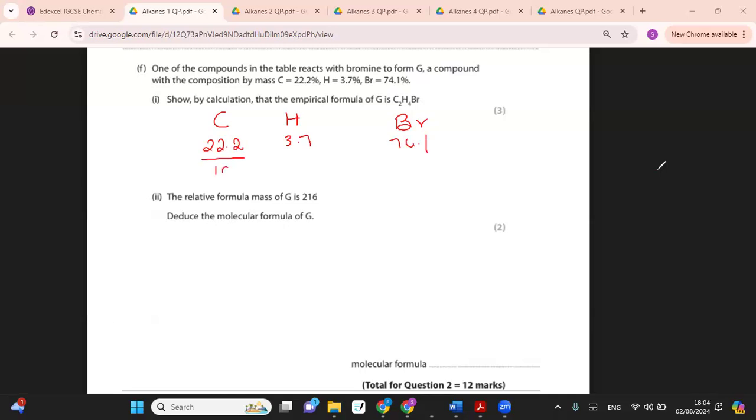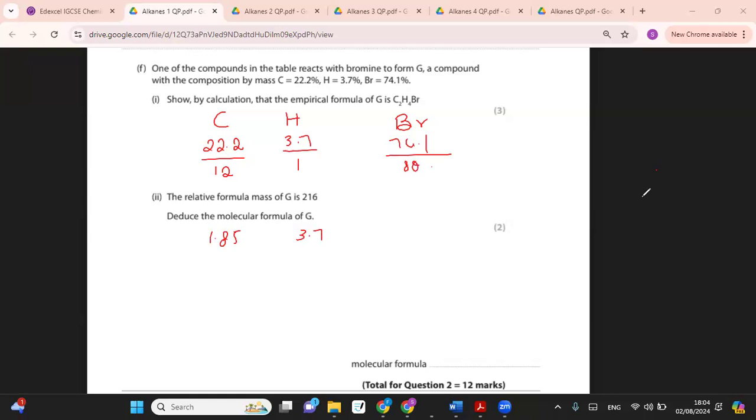So we divide by the atomic masses: carbon is 12, hydrogen is 1, and bromine is 79.9. We divide to get the answer, and then we divide again by the smallest number to get the ratio.